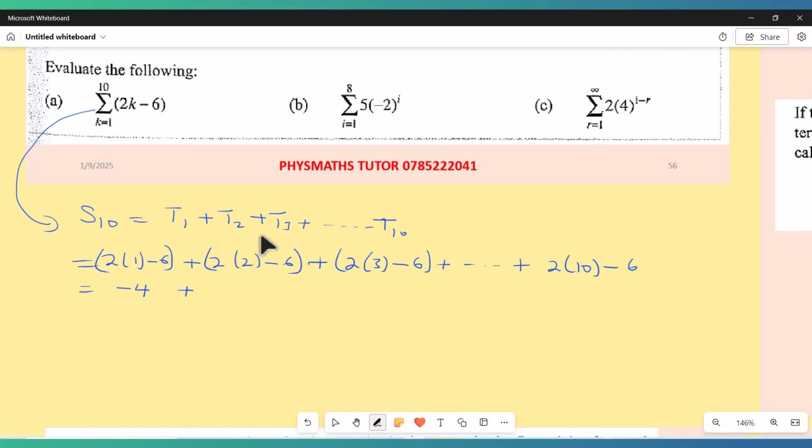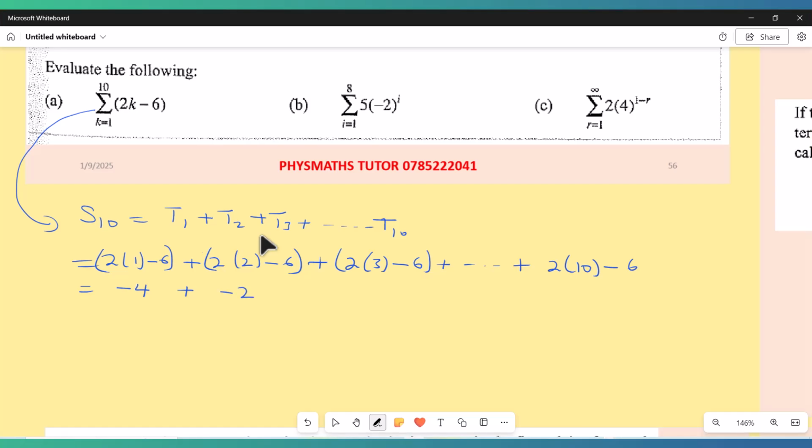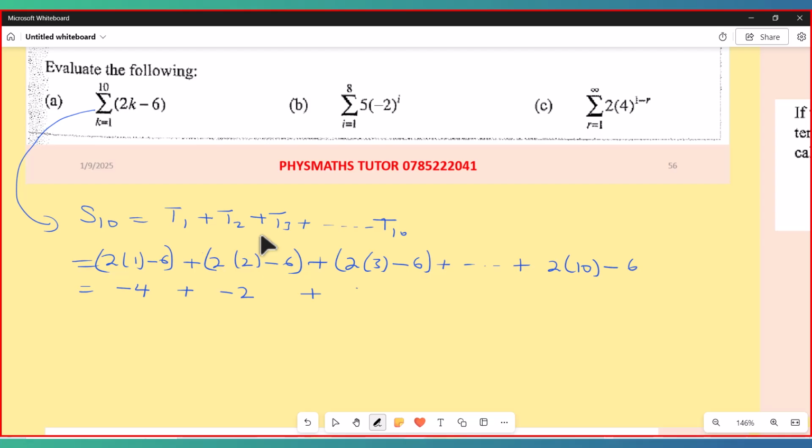Let's come here now. What is 2 times 2? 4. 4 minus 6? Negative 2. That's our second term. What is 2 times 3? 6. 6 minus 6? 0.